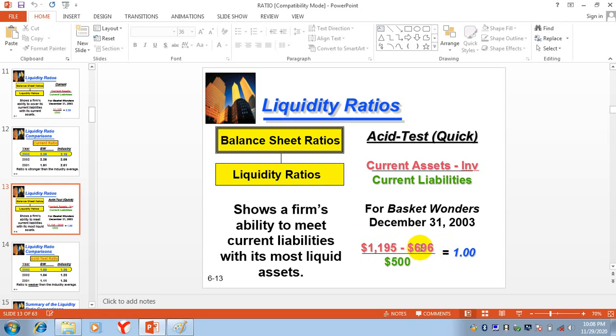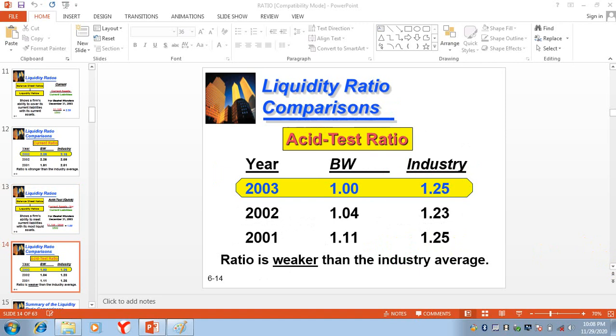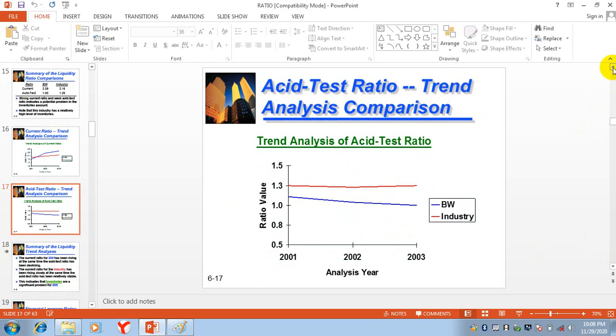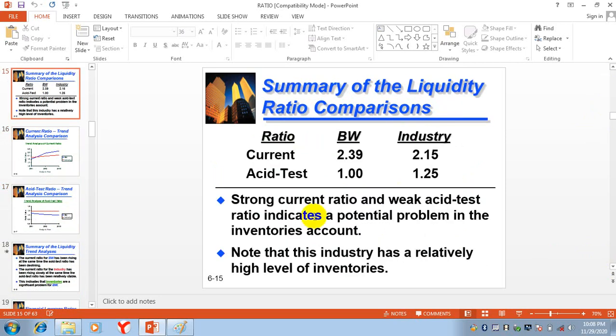This inventory is too high. So when inventory is too high, our current ratio, sorry, our quick ratio comes down. So this shows that there is a problem in the inventory. Note that this industry has a relatively high level of inventories.